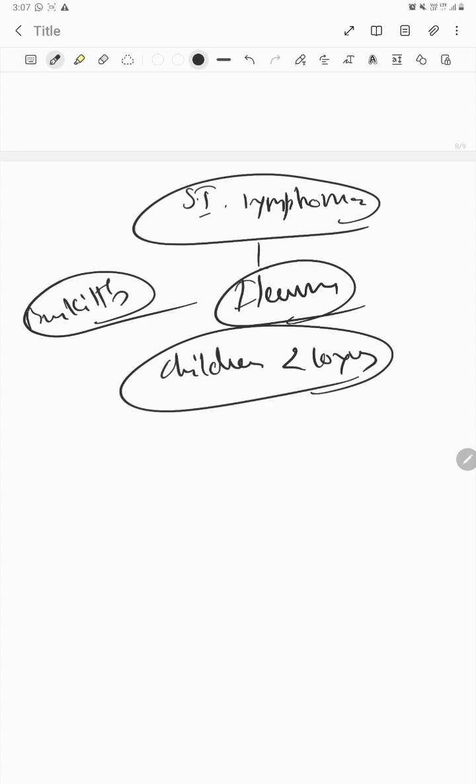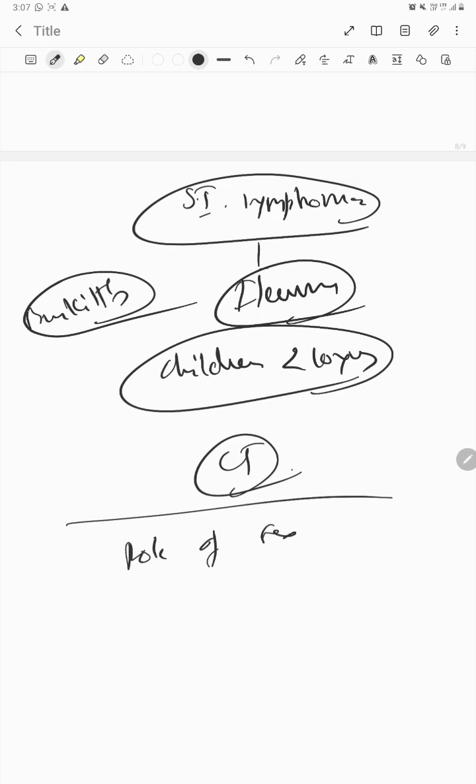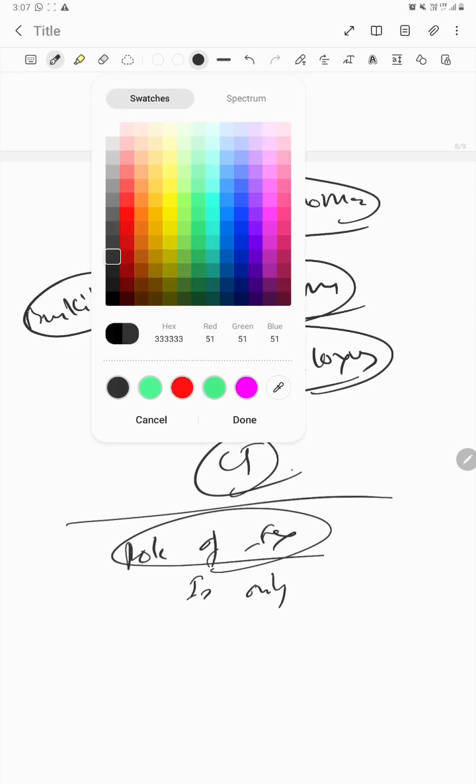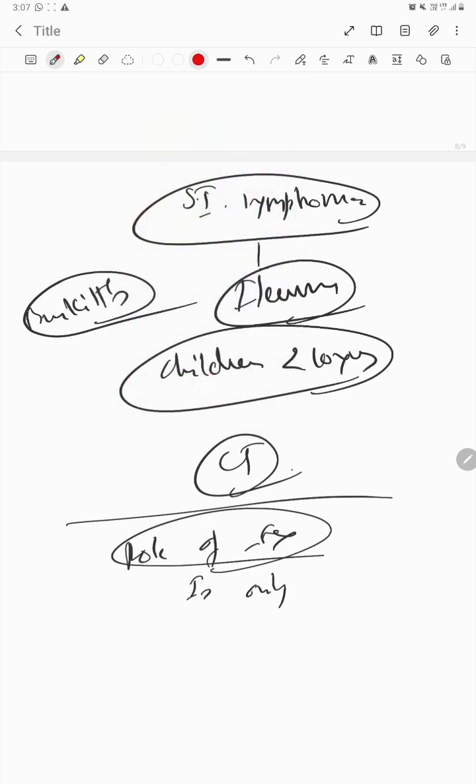So treatment will be chemotherapy, and the role of surgery in lymphomas is only when there are complications.